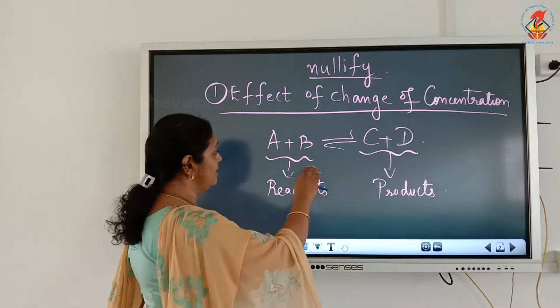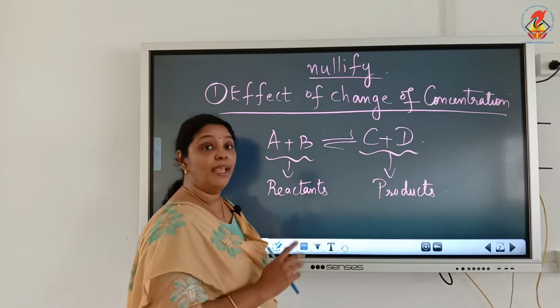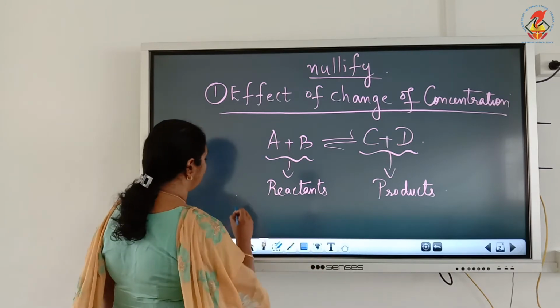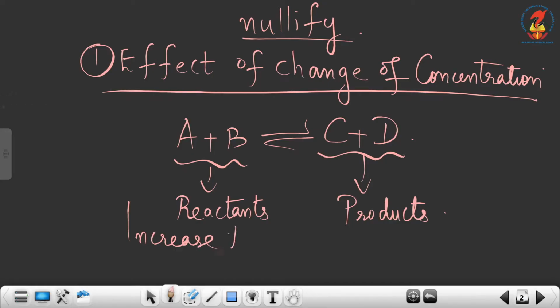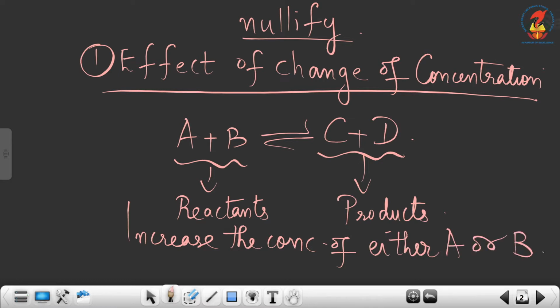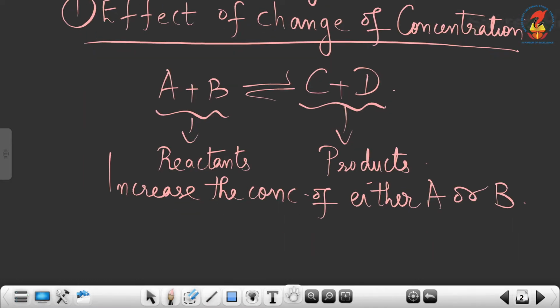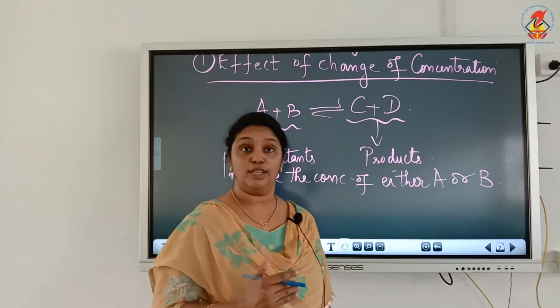Now suppose I increase the concentration of any one of the reactants. Here the reactants are A and B. So I increase the concentration of either A or B, any one of the reactants. What will happen? So this reaction was at equilibrium.